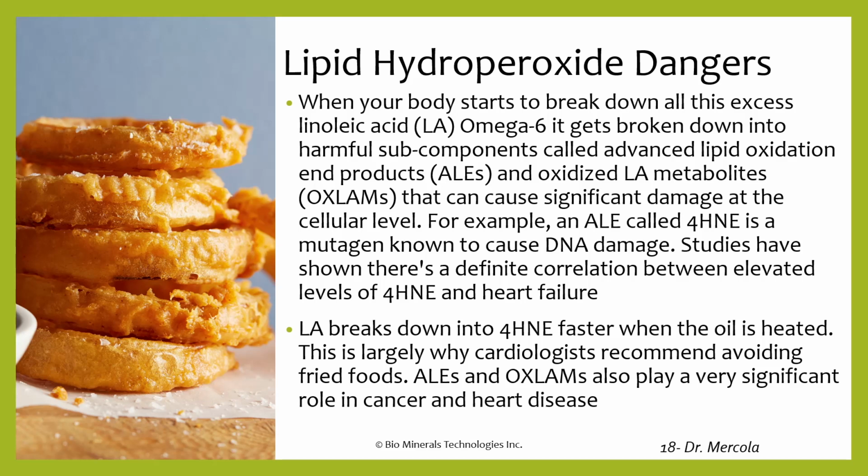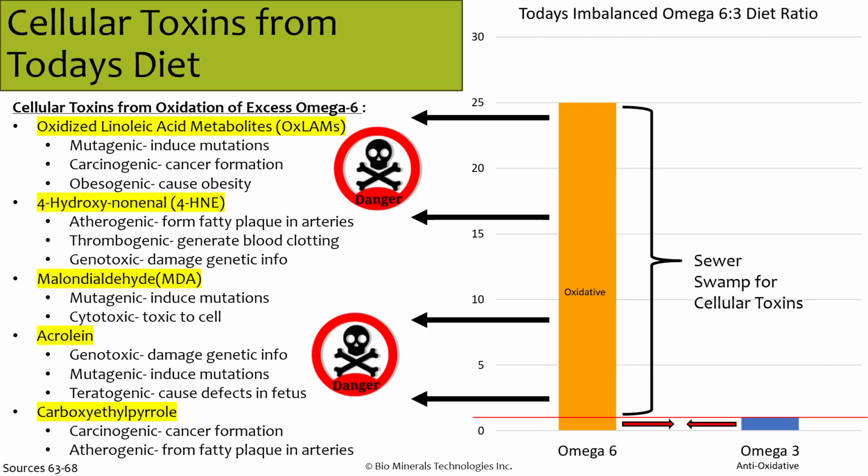Advanced lipid oxidation end products and the oxidized linoleic acid metabolites also play a significant role in cancer and heart disease. This is reference from Dr. McCullough. Today, our dietary ratio of omega-6s to omega-3s is approaching 25 to 1.